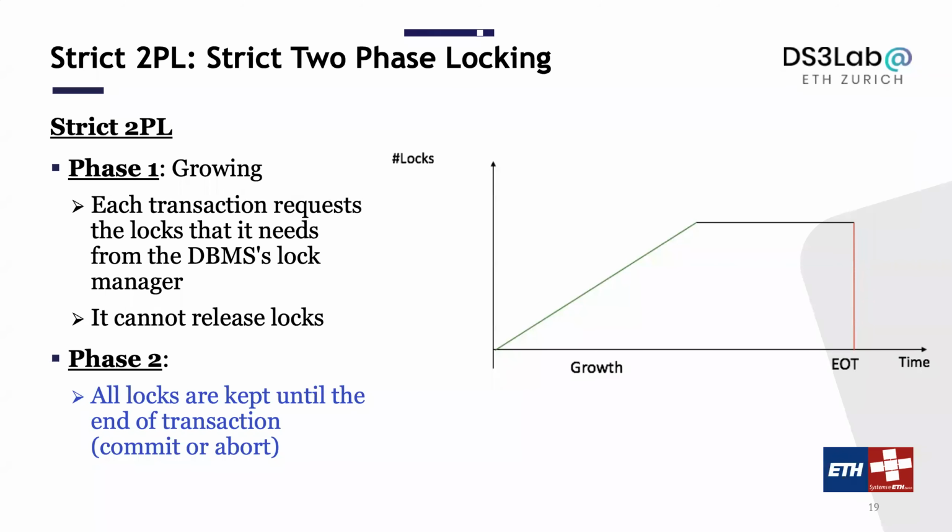Because of that, aborting one transaction can also force other transactions, and maybe even committed transactions, to abort. And that's not something that we want. It's going to enforce isolation, but it's going to make it very difficult to enforce other properties. And that is why in many systems, we actually do strict two-phase locking.